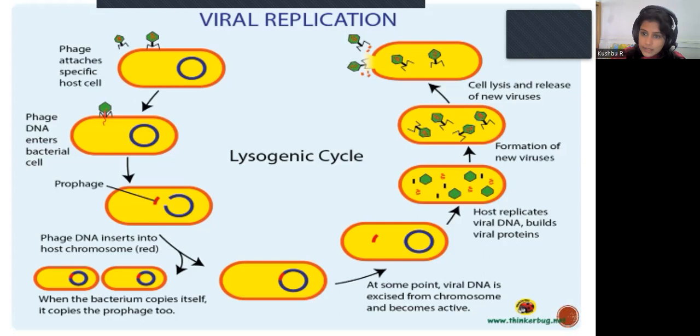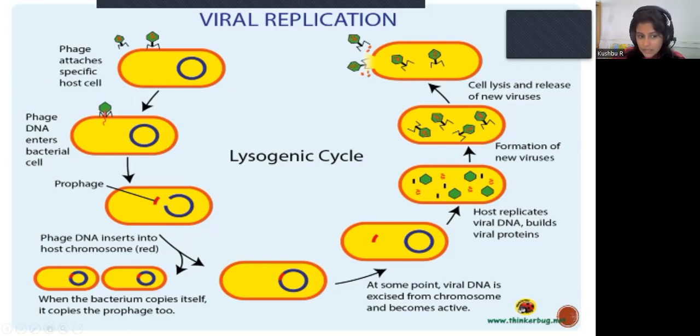Then how is the pathogenesis formed? As I told you, this is just a part of the lysogenic pathway. When a particular time comes and the environmental conditions change, it will switch to the lytic cycle. Here, as I told you, the phage material is integrated inside the host DNA.